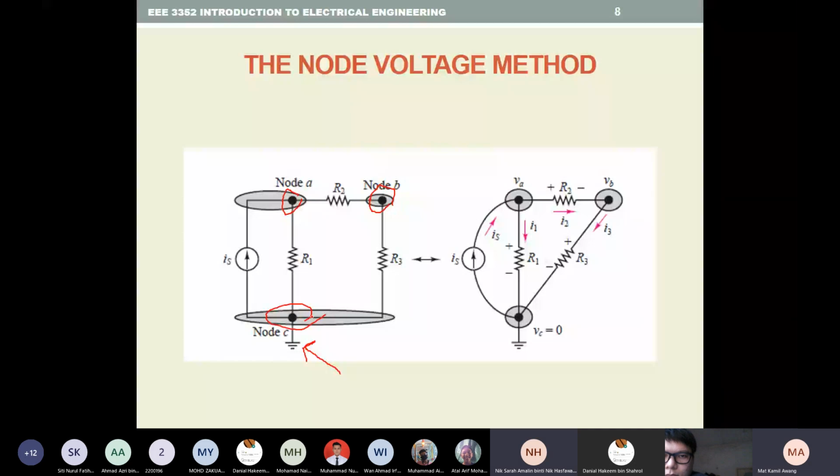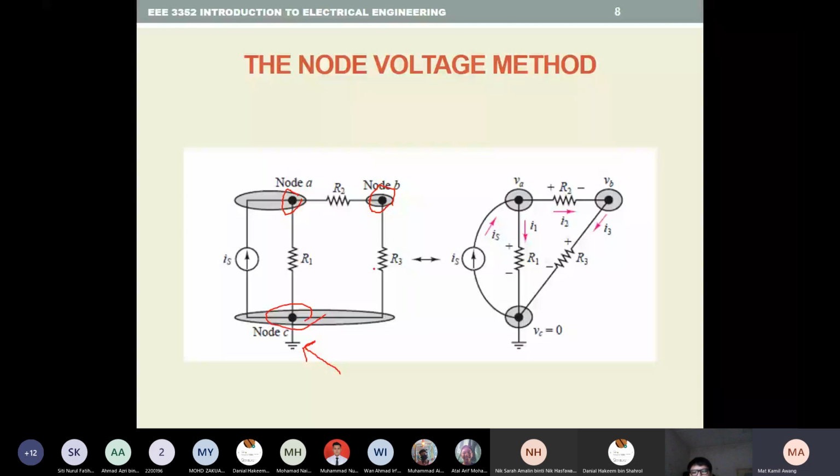You take the one with the many branches as a ground, or one that is connected to the end of the current source or voltage source. Normally.